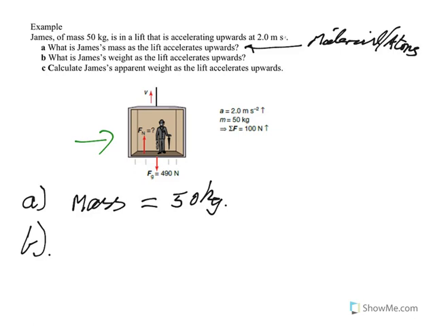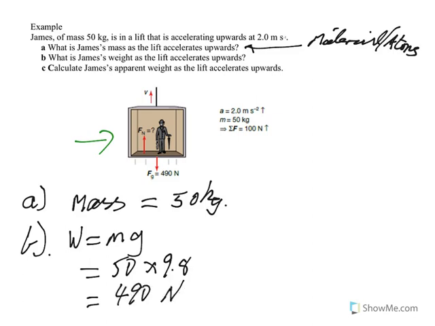Alright, James' weight. So what's his weight? Weight equals mg, and he's 50 kilos times g, which is 9.8, so he's 490 Newton.